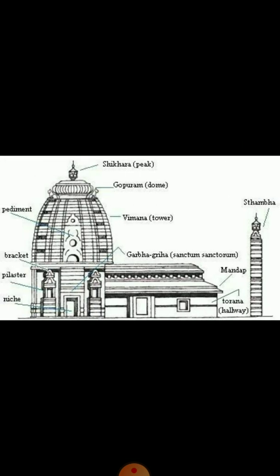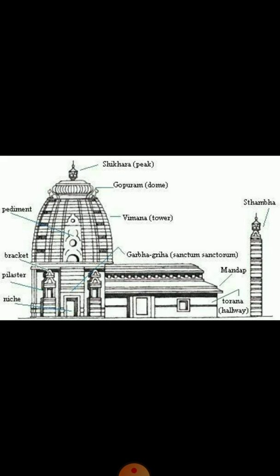These temples had common features like the pyramid shaped roof known as Shikhara. This was built right over a small room called the Garbhagriha, where the idol of the god was placed. In front of the Garbhagriha was usually a large hall called Mandapa for devotees to stand.